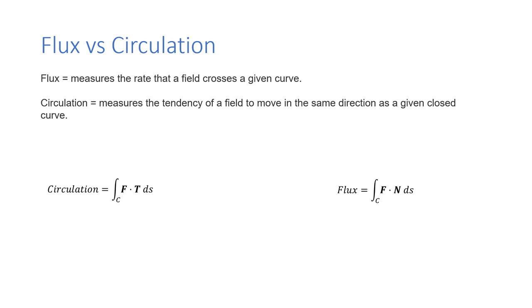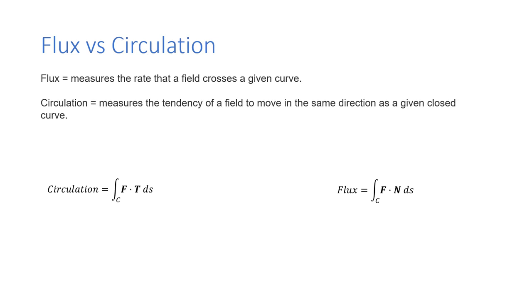So in all of these particular problems, I've been showing you how to compute what we call the circulation form of Green's theorem. And so circulation measures the tendency of a field to move in the same direction as a given closed curve. So it's measuring how much of the vector field is really moving along that path.